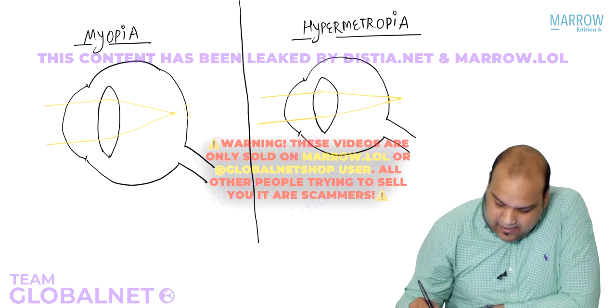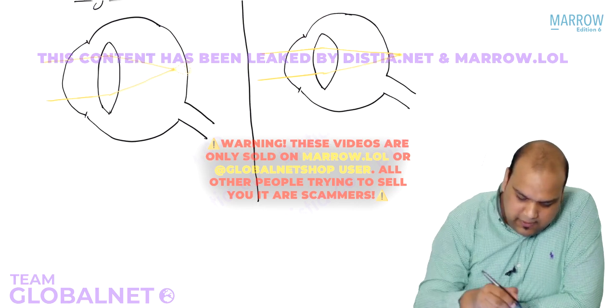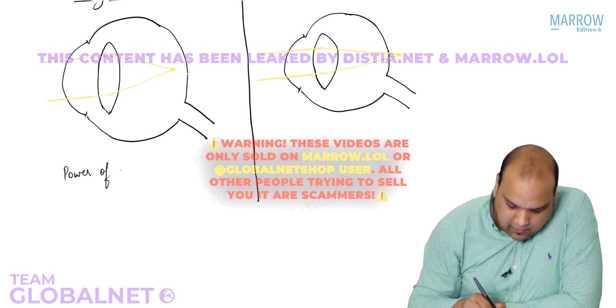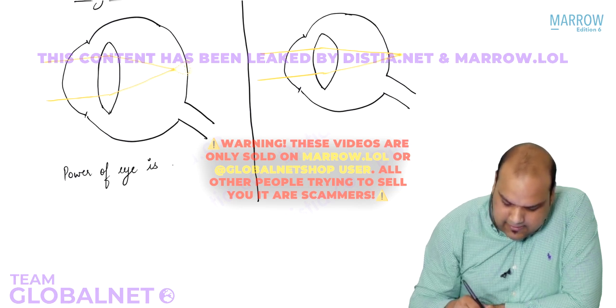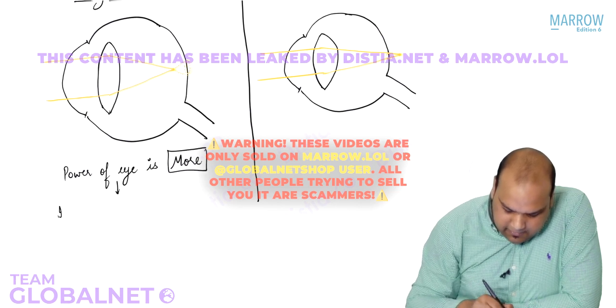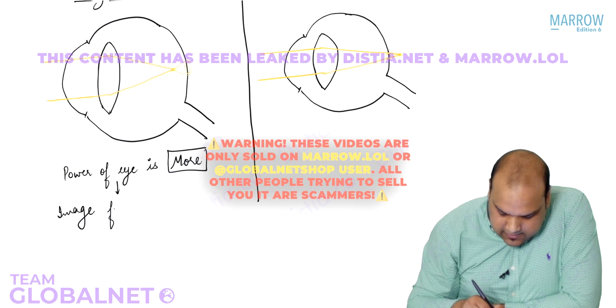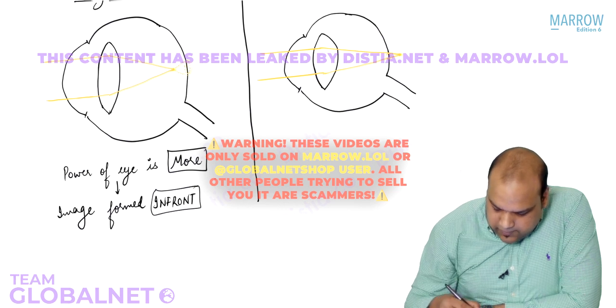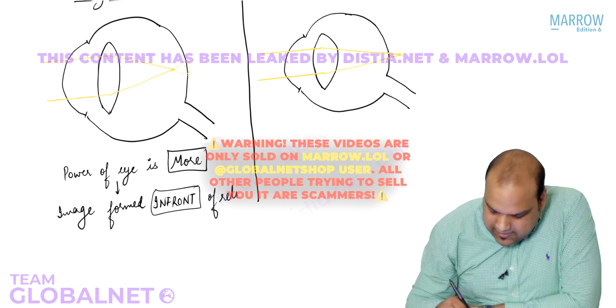Okay. Now, if I just want to write it in simple words for you, everybody, in myopia, the power of eye is more, and that is why the image is formed in front of retina. Very simple thing, guys.